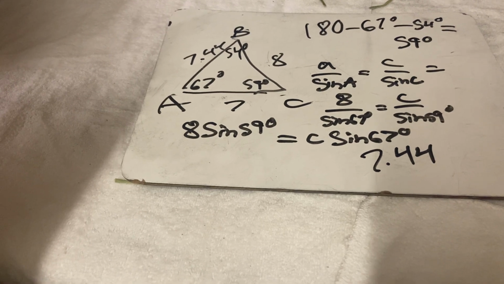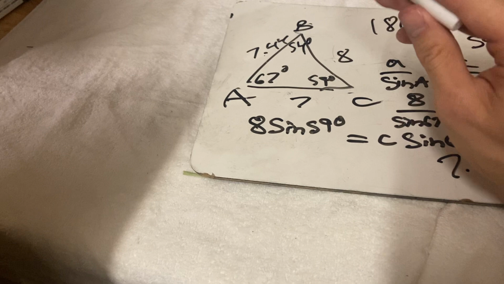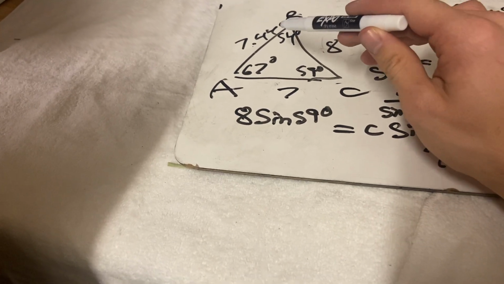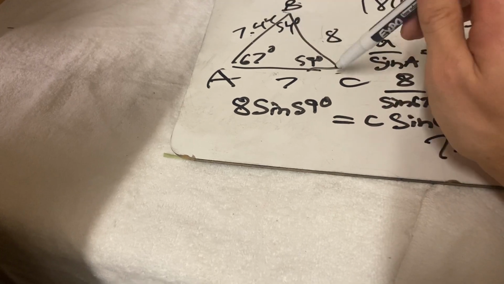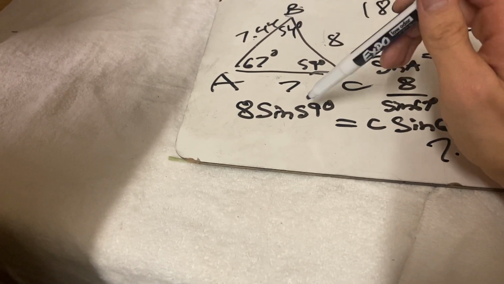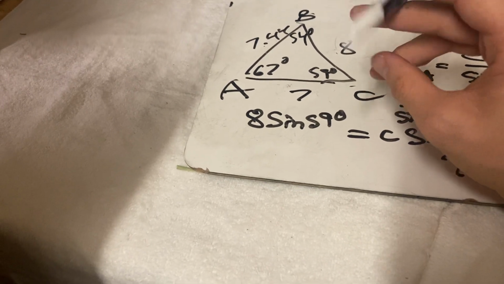Now, one way to check your work is to make sure that the shortest angle is across from the shortest length, and the largest angle is with the longest length.